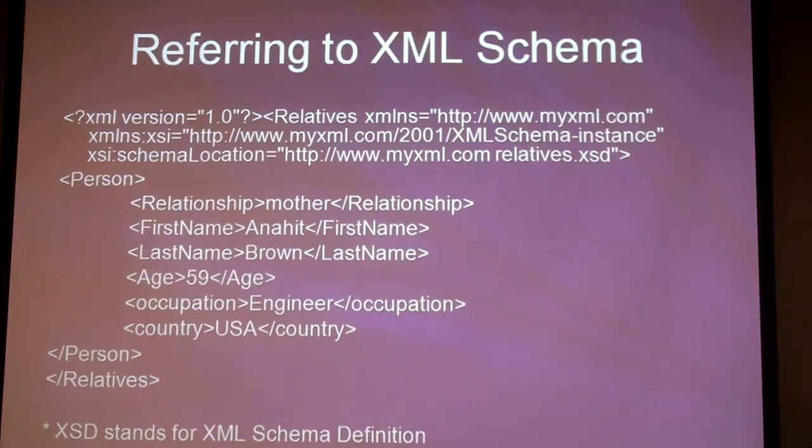Let's assume I created the correct XML document, but for the age I specify an incorrect value, 59.5, for example. Would the browser report an error or not? Wild guess, right? So the answer is no.